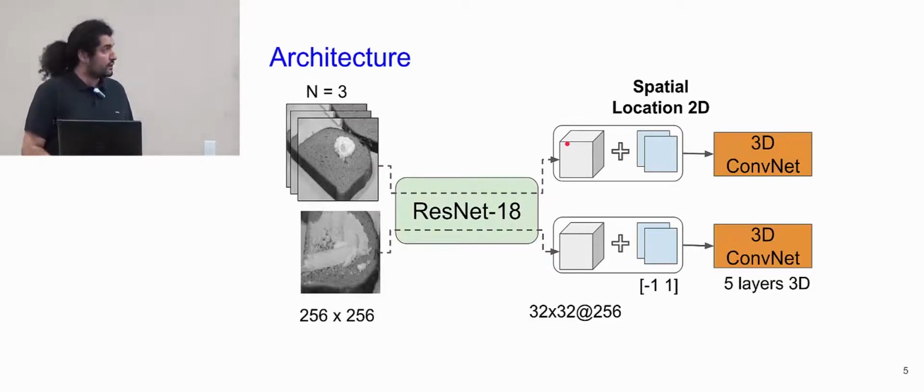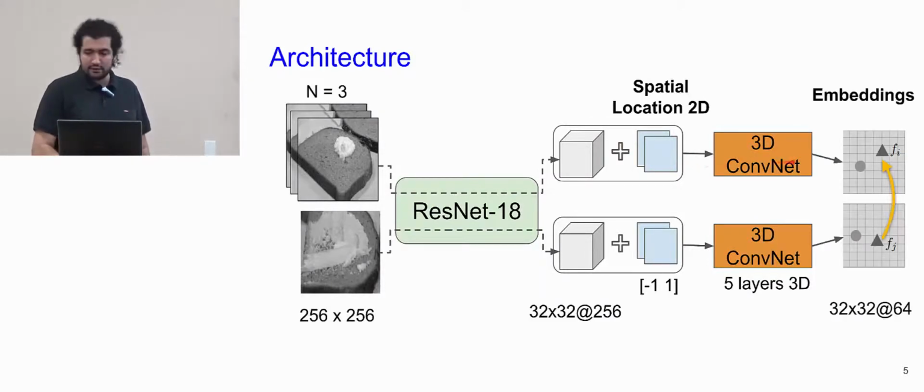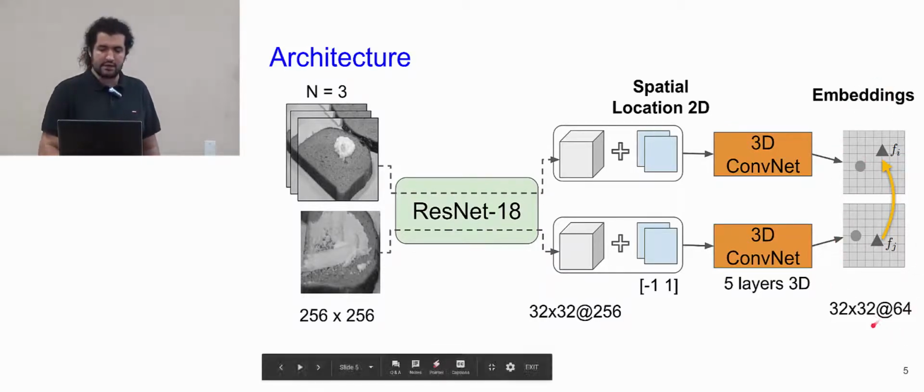They use 3D convolutions in order to extract temporal information, because this is a video tracking paper, and their final aim is to learn tracking. At the end, they produce these embeddings with that size.